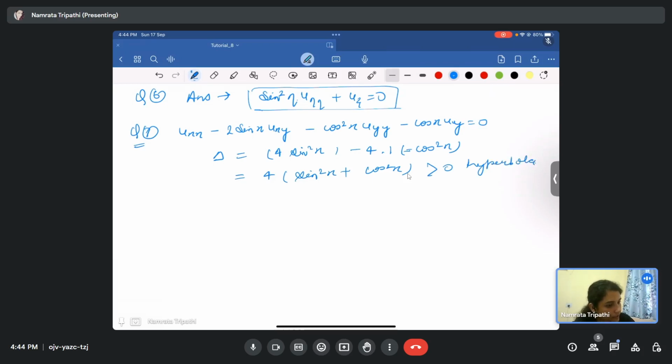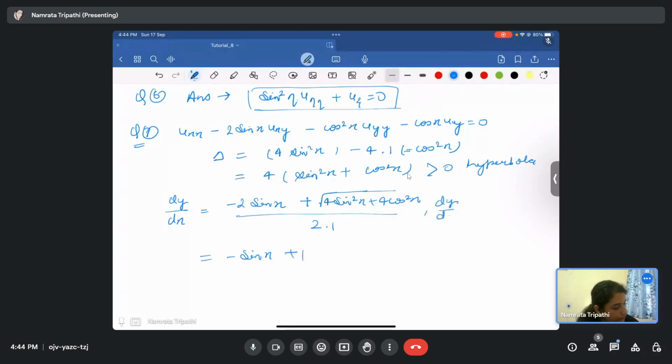So in this case the characteristic equation is minus 2 sin x, this is b, plus under root 4ac upon 2a. From here you will get minus sin x plus 1. And another characteristic equation, you will get minus sin x minus 1. You can check.